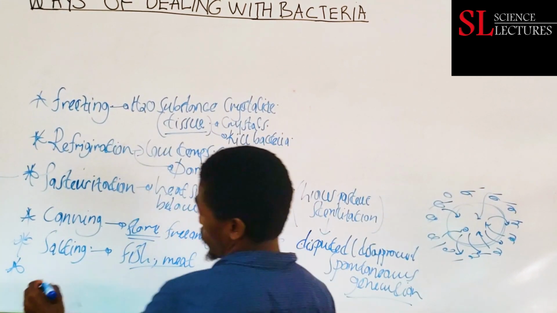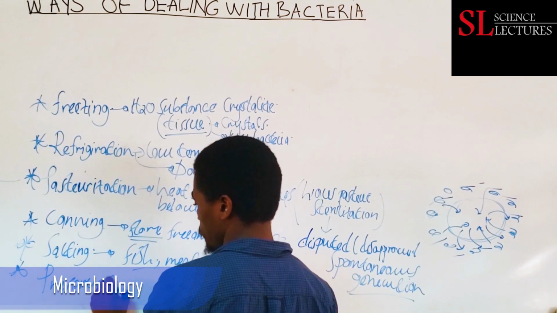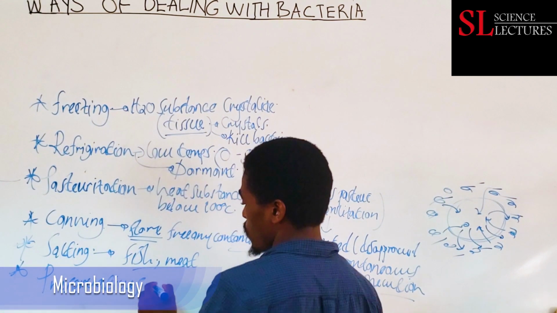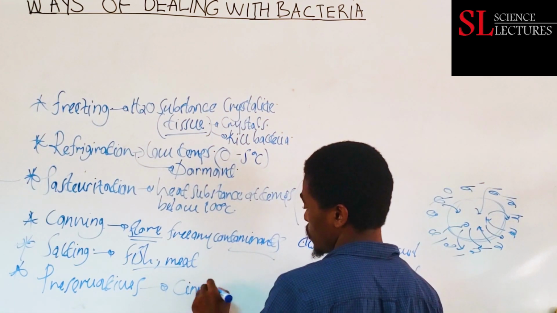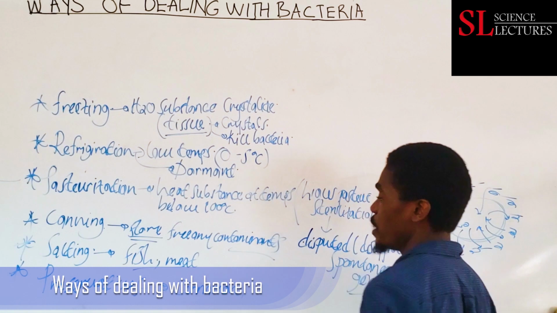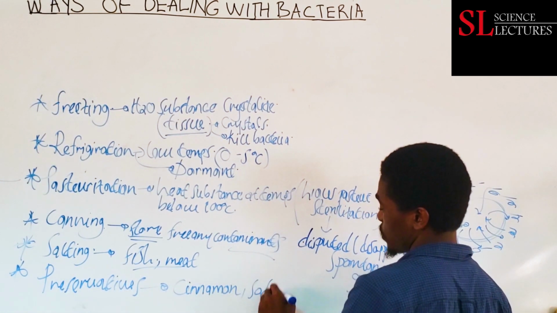Then we can apply preservatives as another way. For example, we can apply a natural preservative called cinnamon, or artificial preservatives like sodium benzoate.